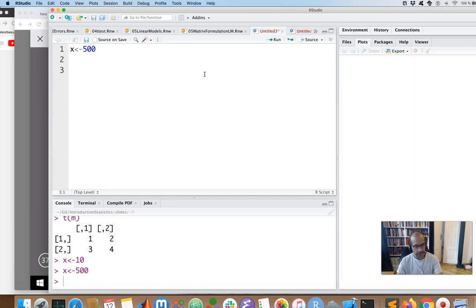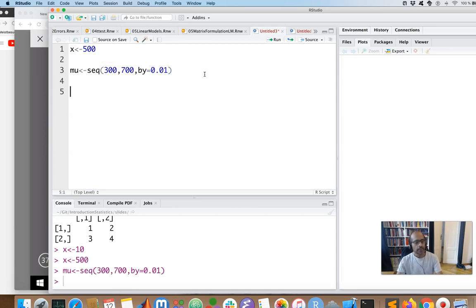For example, let's say that I decide that mu can have values going from 300 to 700 and I create a sequence by 0.01, right?